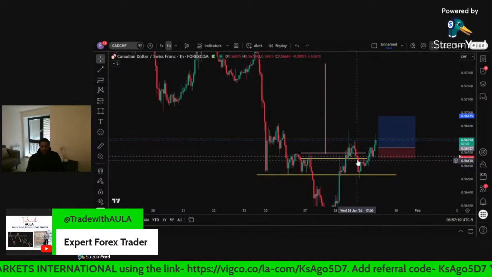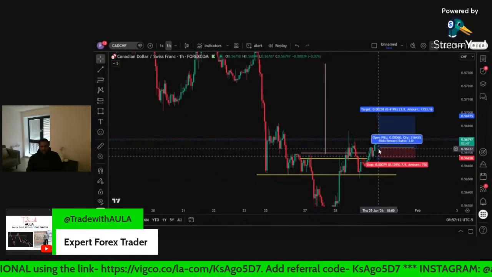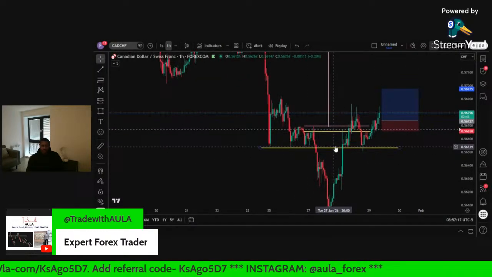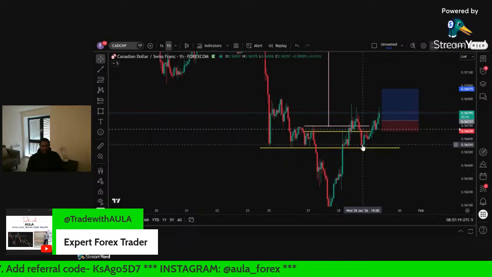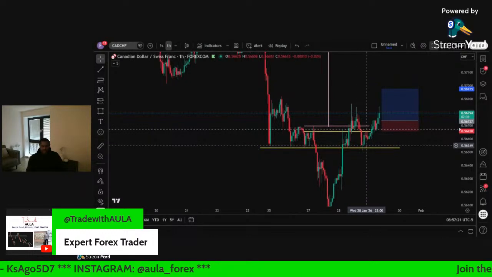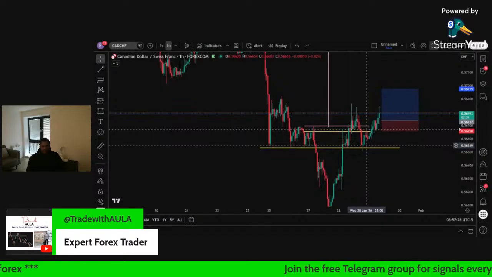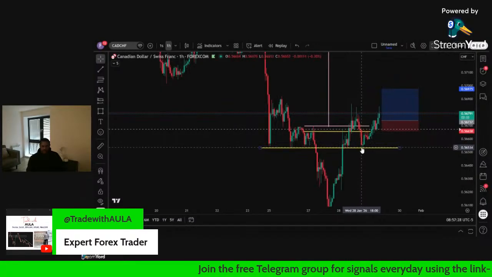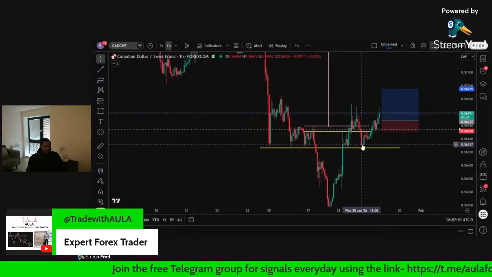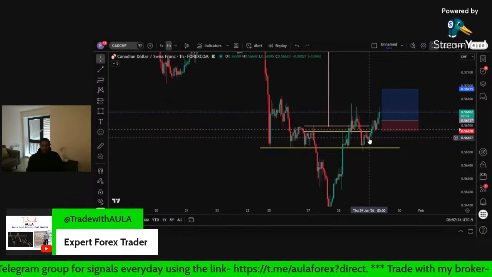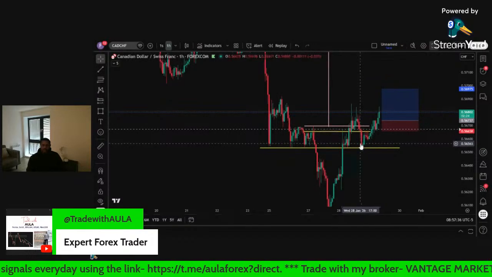So you can see this is where I entered originally, this area. And what did I see? First of all, a break of the neckline, a retest into the neckline area, and a confirmation, which I think is a morning star, right? I can always confuse this between morning and evening star.